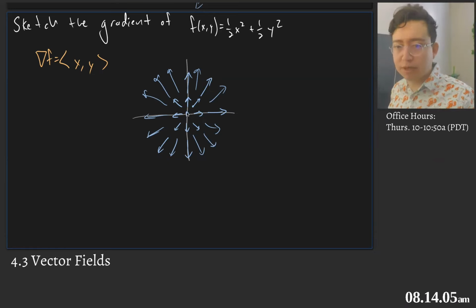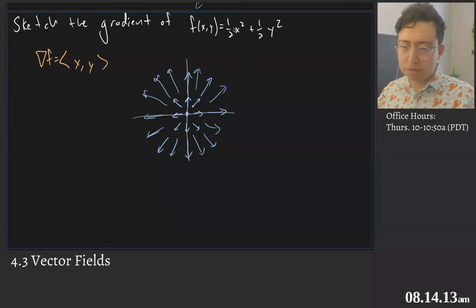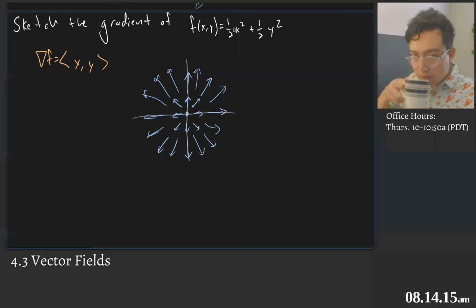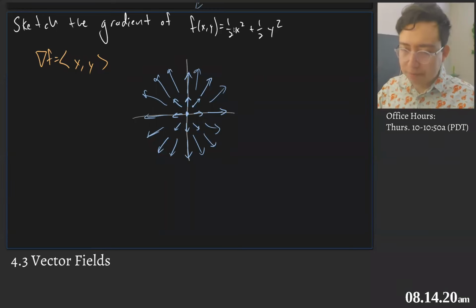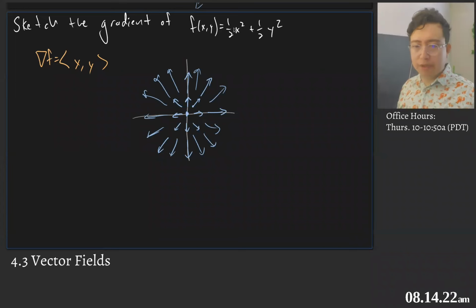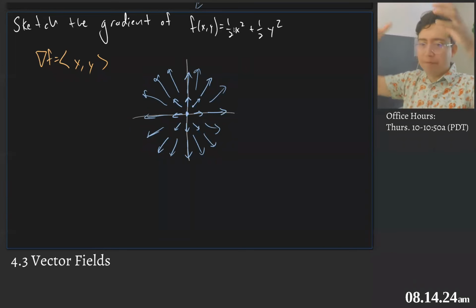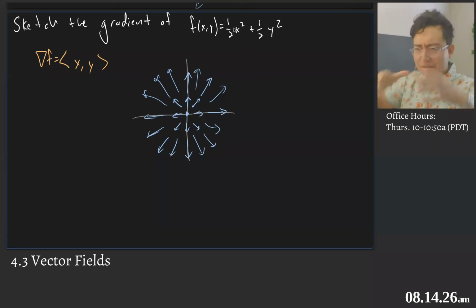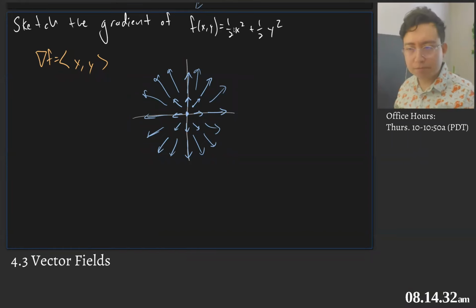Anyone know what's happening at the origin here, to describe what's happening to this function? If you could think geometrically, you have a parabola. I think I was going like this earlier, but this one would actually be facing upward. What is happening at the origin there?